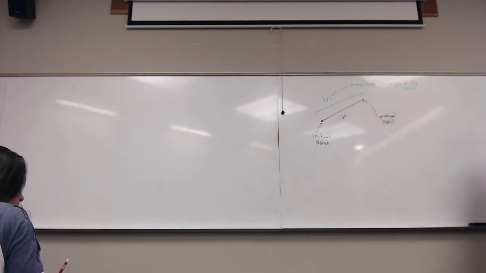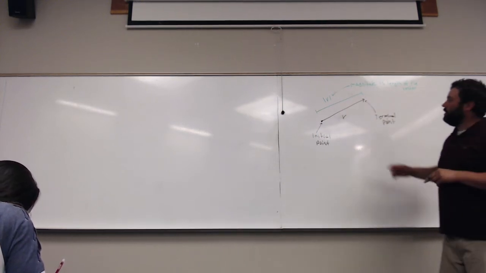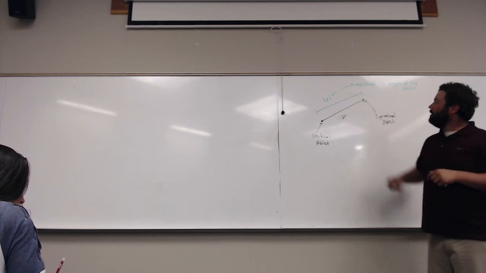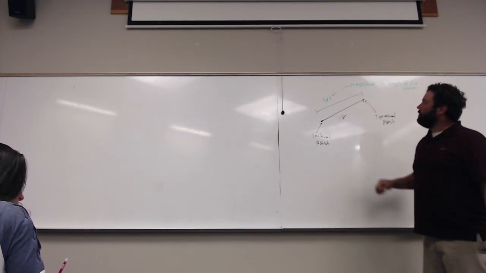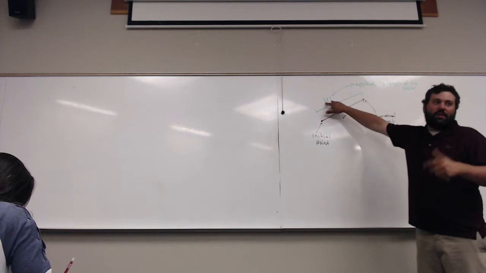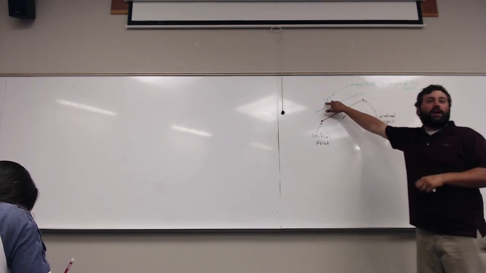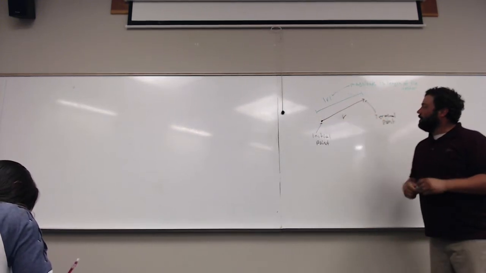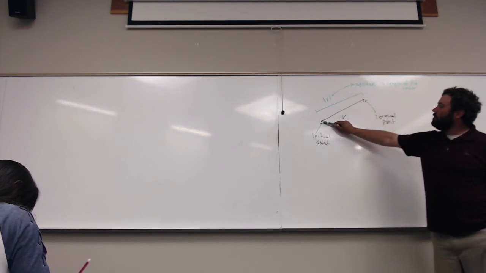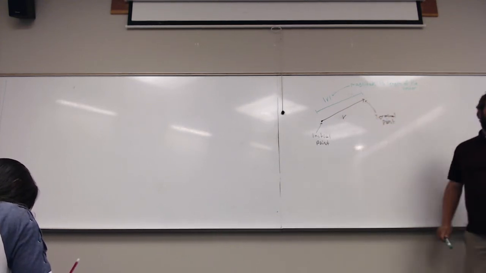So it has a length, it has a direction. You can give the vector a name, say v, and then the length of the vector v uses the same notation as the absolute value of a real number. And then every vector has an initial point and a terminal point.